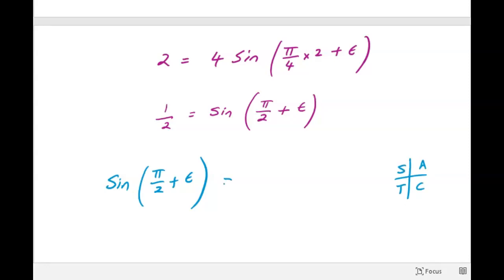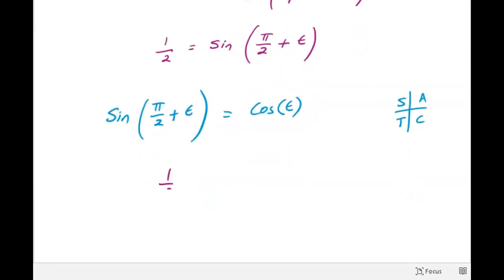So the complementary relationship is just equal to cos e. So I'm going to have a half equals cos e.